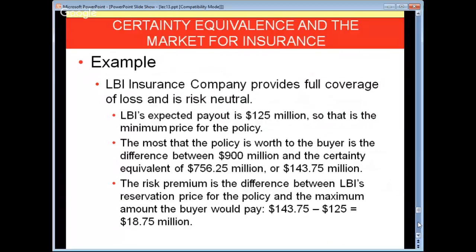Now, since LBI is risk neutral, why is their expected payout 125 million? Let me go back.